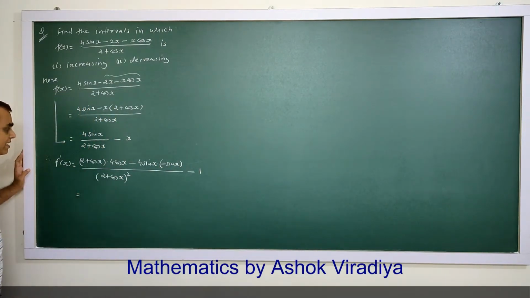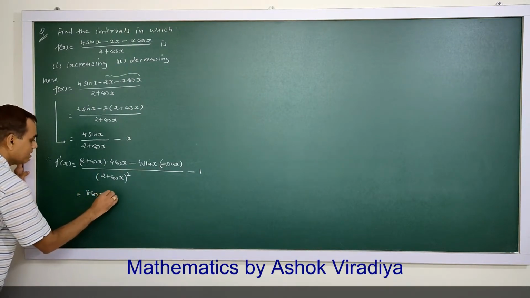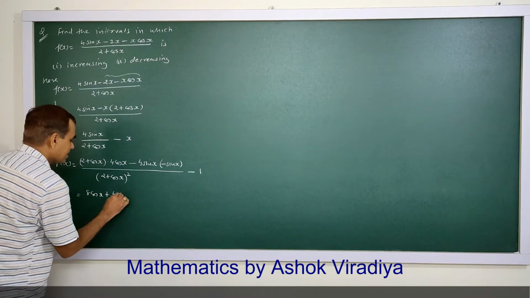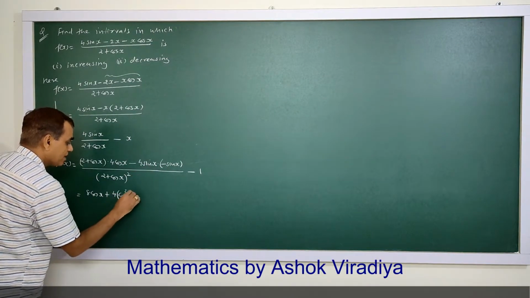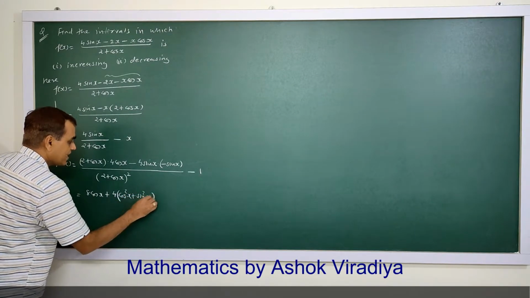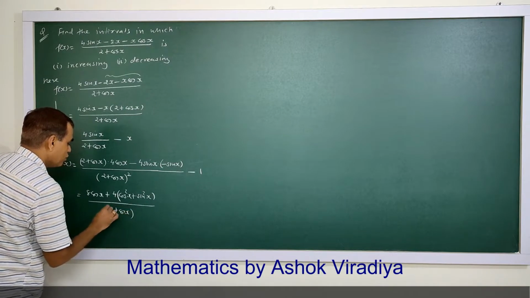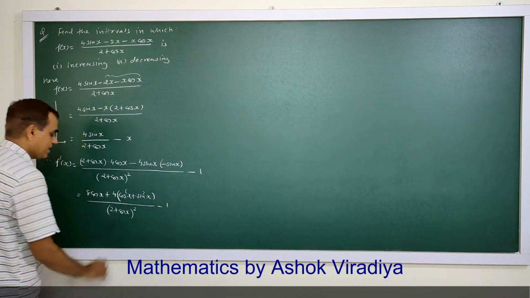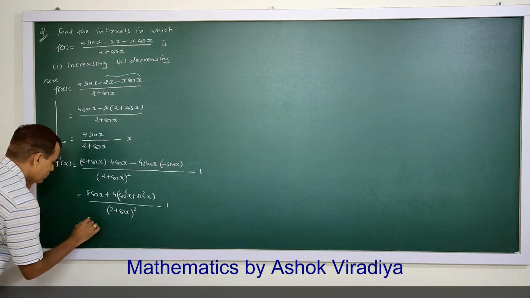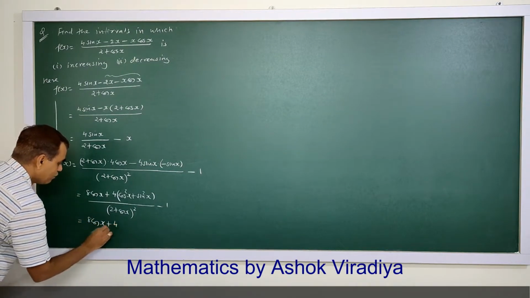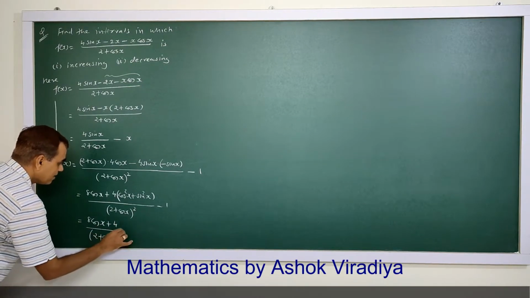So simplifying this, 4 cos x into 2, 8 cos x plus 4 cos square x plus 4 sin square x, 4 common, so cos square plus sin square, upon (2 plus cos x) whole square, minus 1. So this is equal to (8 cos x plus 4) upon (2 plus cos x) whole square minus 1.